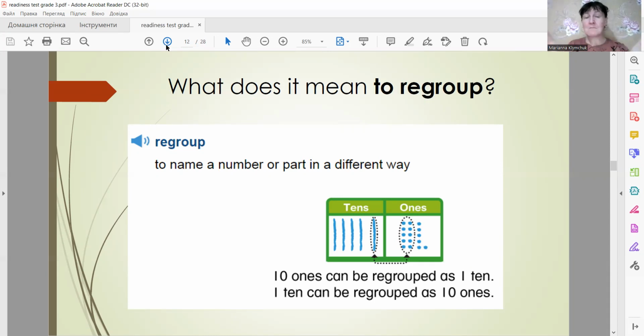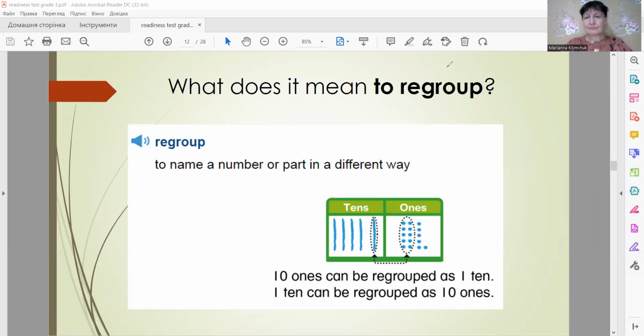So borrowing means regrouping. In grade 2, they were learning how to regroup using pictures, that they were taking one and regrouping them, like 10 tens to borrow, okay?